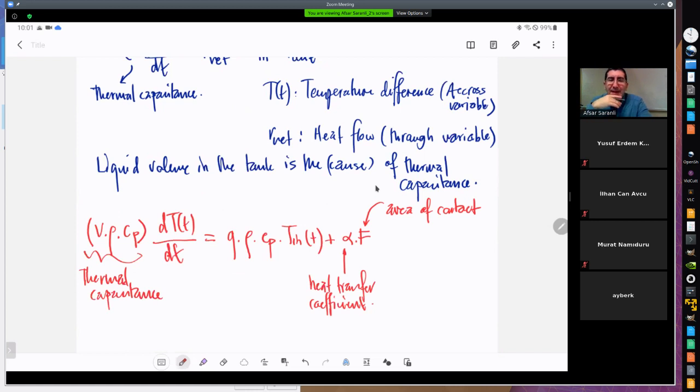And inside the engine there are a lot of channels where the liquid is passing through, so that it has enough area of contact with the engine to remove the heat from the engine.